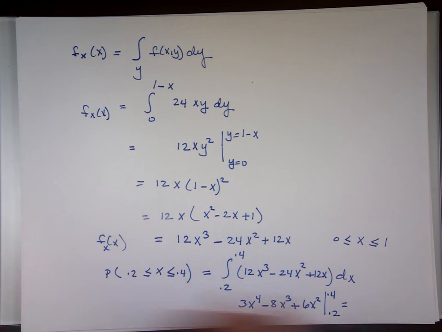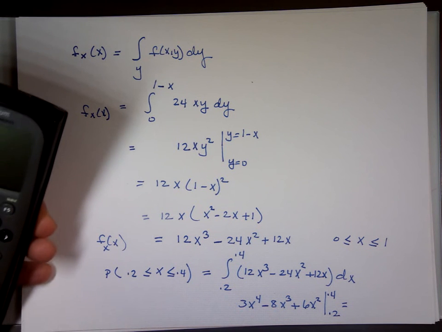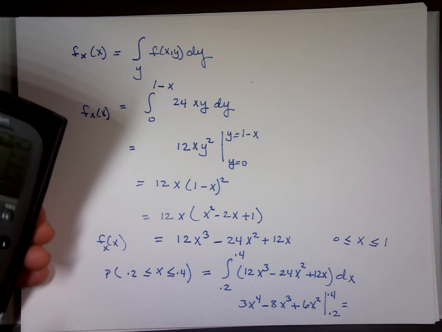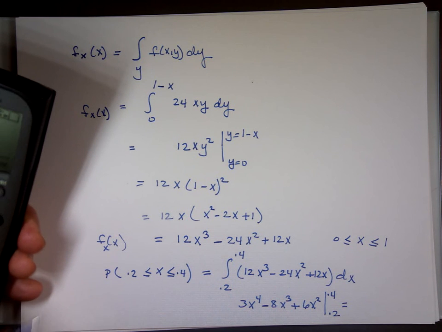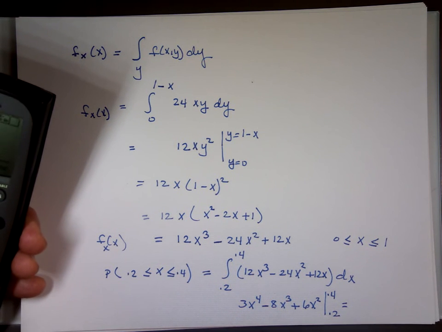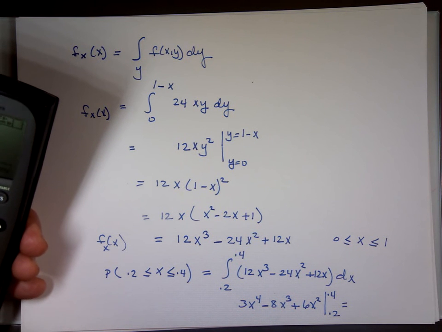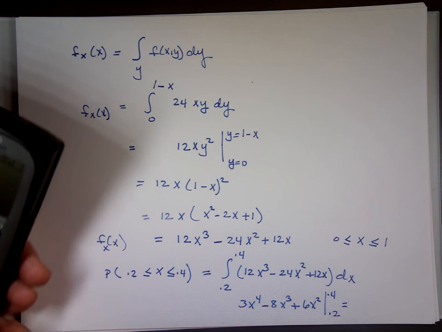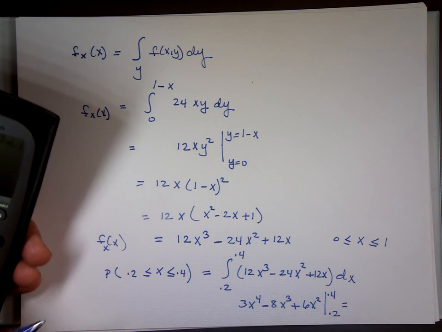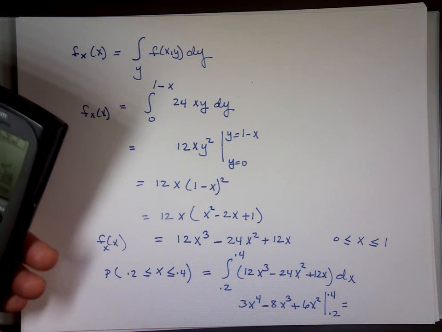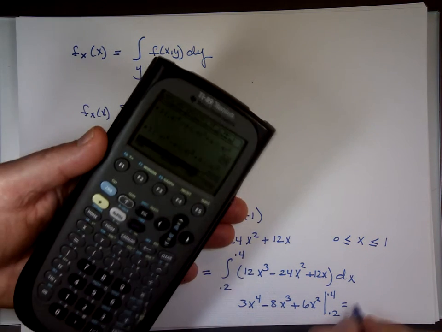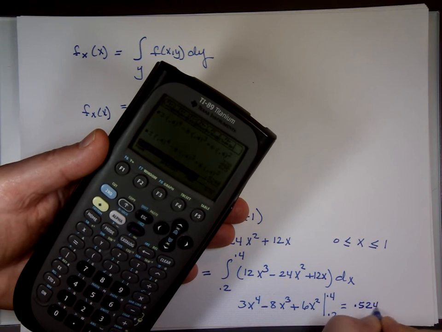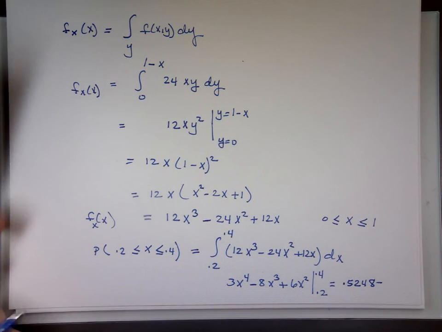Let me try that. 3 times 0.4 to the fourth, minus 8 times 0.4 cubed, plus 6 times 0.4 squared. The upper limit is 0.5248. The lower limit is 0.1808.